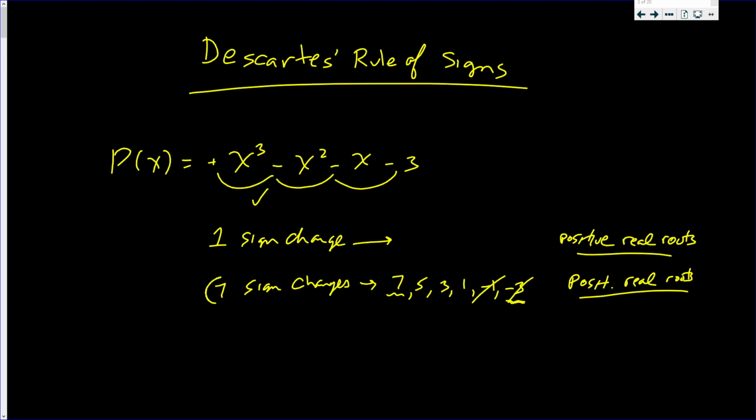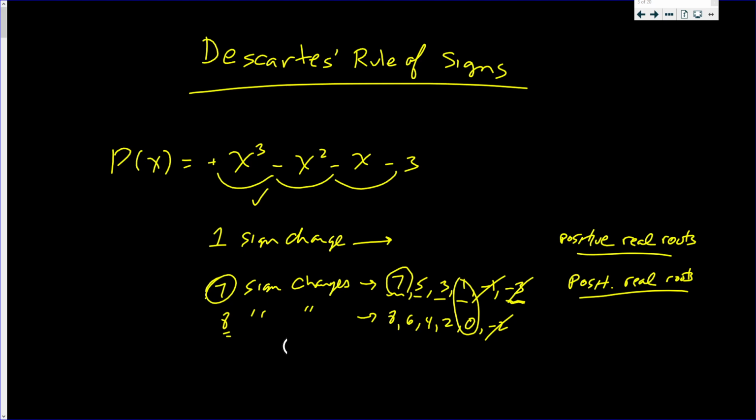So if this is the number of sign changes, you can have that number or 2 less, or 2 less, until either you get to 0 or 1. If you started with 8 sign changes, an even number, you can have 8 or 6 or 4 or 2. It makes sense to have no roots, but you can't have negative 2 roots. So you're either going to stop at 1 or 0.